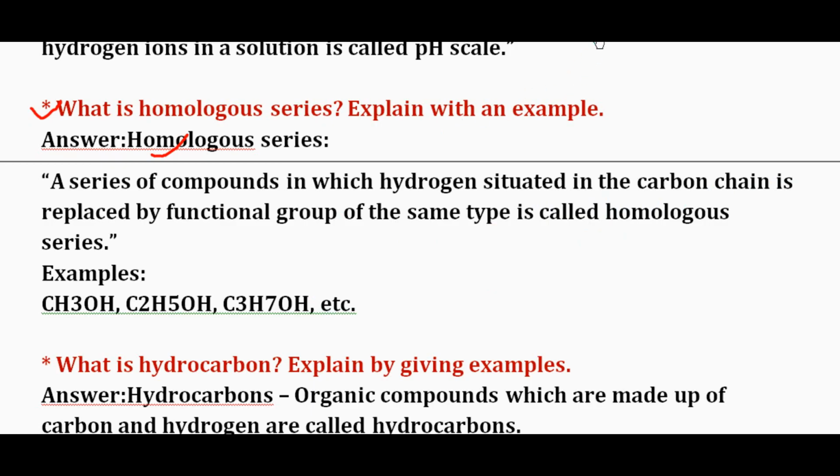Such examples are CH3OH methyl alcohol, the functional group is OH, and C2H5OH ethyl alcohol, the functional group is OH, C3H7OH propyl alcohol, the functional group is OH. Thus, the changes in the carbon hydrocarbon chain form a homologous series with a simple formula.